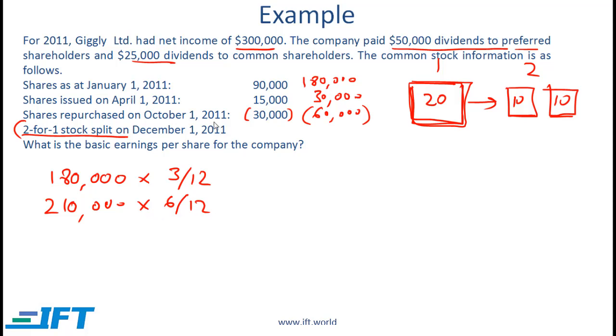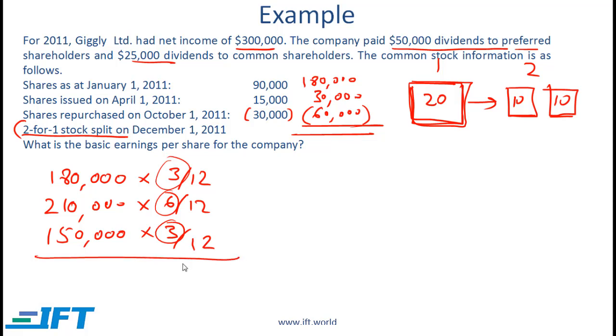And then for the last 3 months, we actually are going to come down by 60,000 because 60,000 shares were repurchased. That means in the last 3 months, we have 150,000 shares. 150,000 into 3/12. Whenever you do this calculation, these numbers need to add up to 12. If you do this calculation, you should get 187,500.